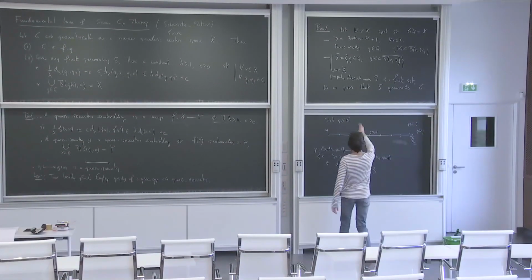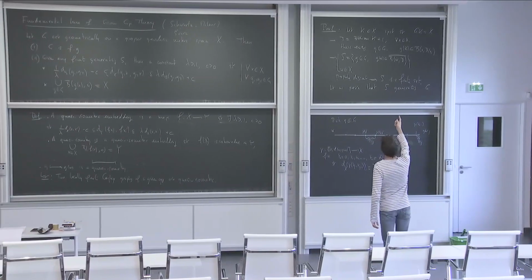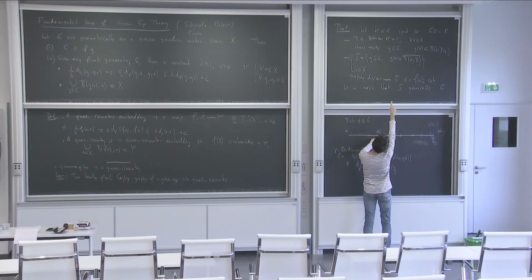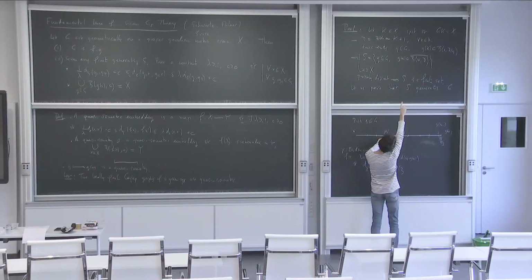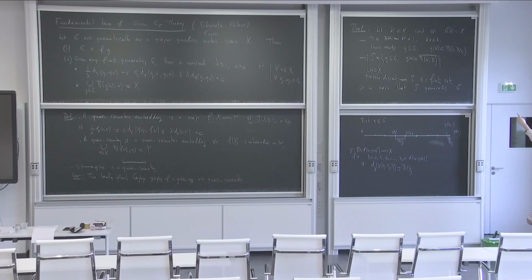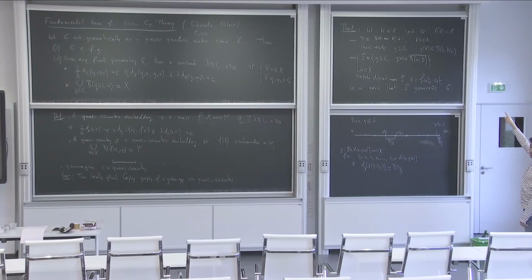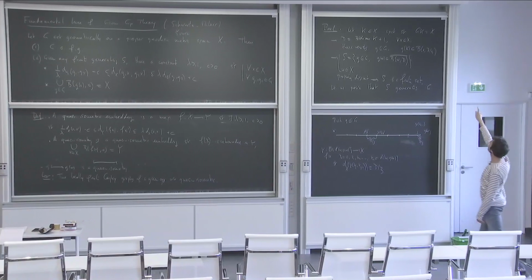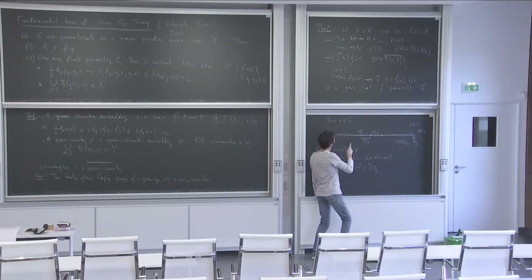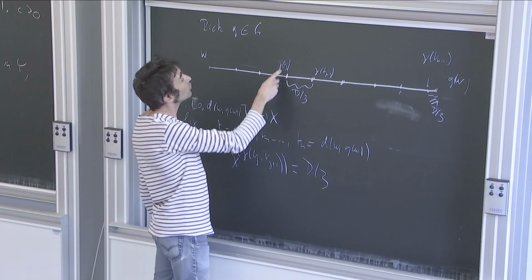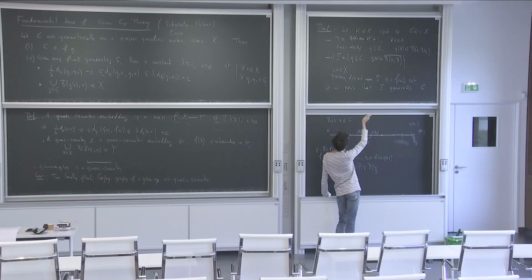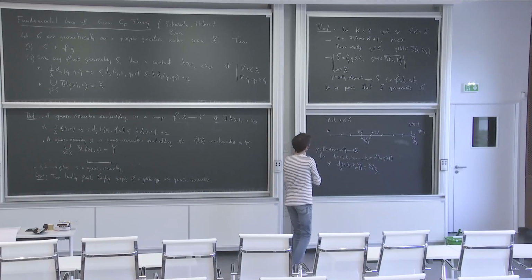And so the thing is that what I said is that I had picked G so that I always have a translate of my fundamental domain in the ball centered at X of radius D over 3. So this means that in the neighborhood of one of these points, there always exists a translate G of W that is not too far from the point.